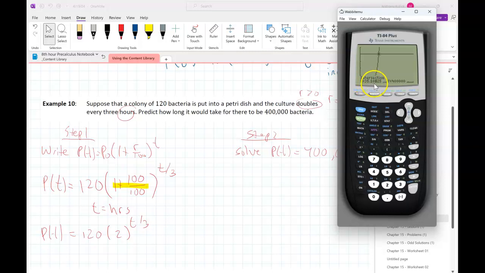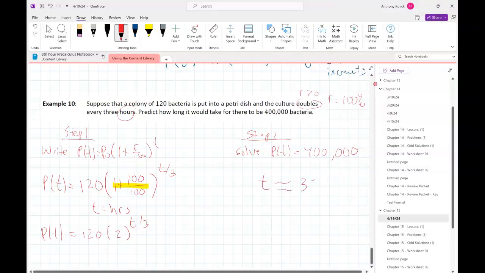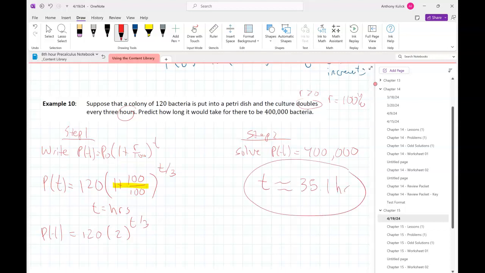About 35.1 hours. And this is nice because my unit was in hours, so I know it's just straight hours. There's no conversion to do at the end. If I'd used just T, I would have had to multiply my answer by 3 because I would have had that many 3-hour segments. So times 3 would get me back to hours, right?